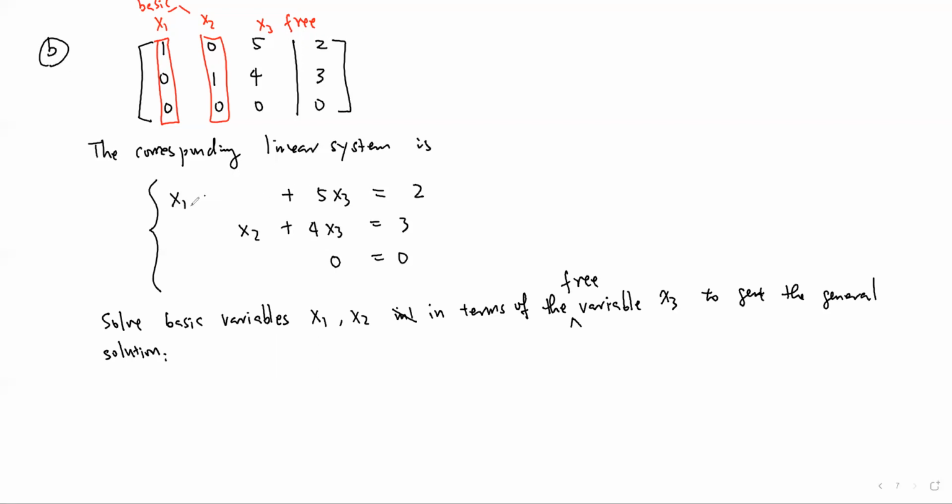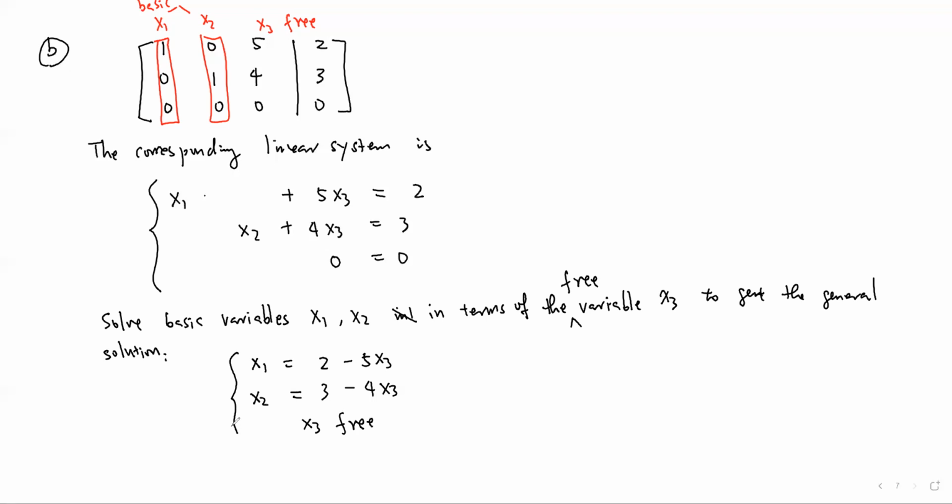Now the first equation, move x3 to the right side, then I get x1 is 2 minus 5x3. Second equation, move x3 to the right side, then x2 is 3 minus 4x3. The third equation is always true. x3 is free, which means we can arbitrarily assign values to x3.